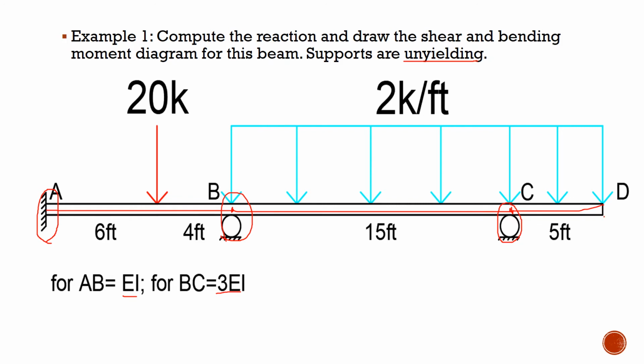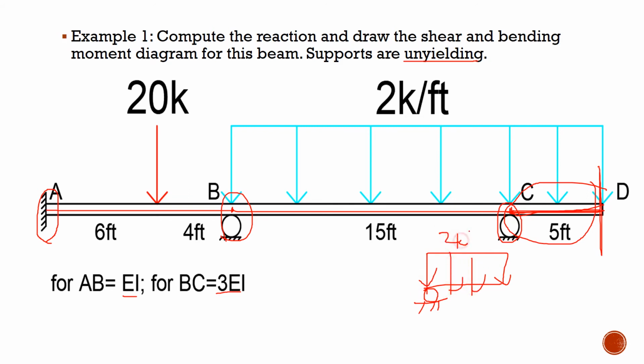So wala may support sa D. So this is overhang. Then this will be considered as a determinate, no? So determinate segment. So pasabot dili na nato ni kuhaan og FEM guys. Ayaw na ni kuha FEM kay wala man siya pares dito sa D, no? So ang buhaton nato ano niya guys is makuha na ang moment directly, no?